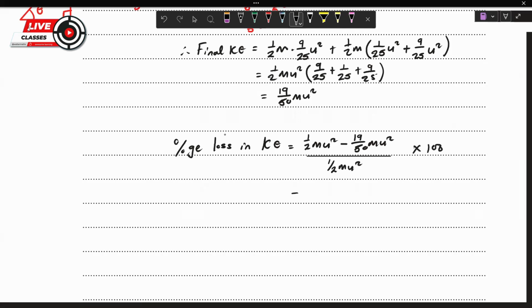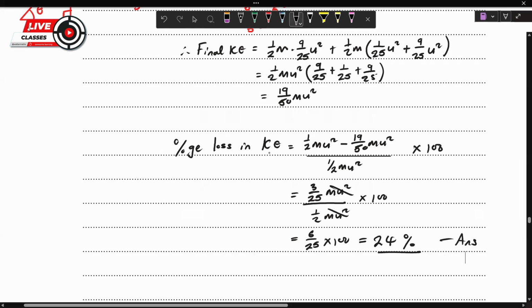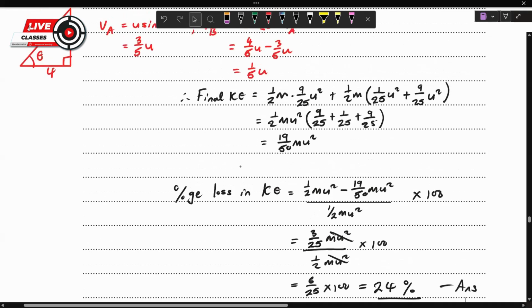So half minus 19/50 will give us 3/25 mu squared, over a half mu squared, times 100. The mu squares will cancel, and we will essentially have 6/25 times 100, which gives us 24%. So this is the answer. That's the percentage loss in kinetic energy. So that's how we handle this particular type of question.